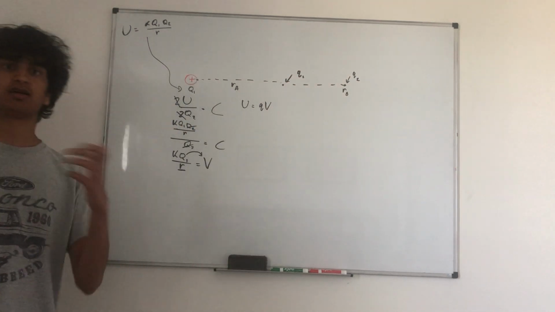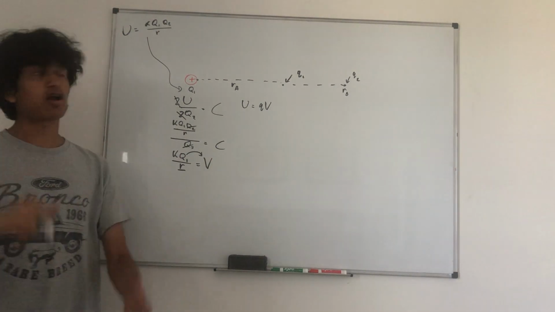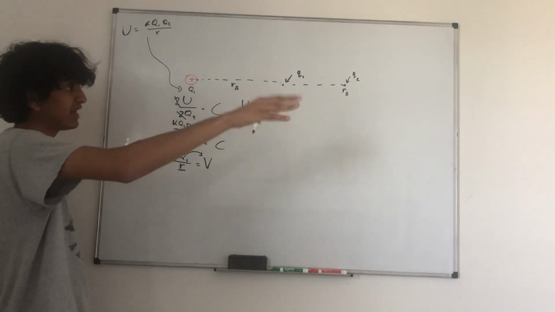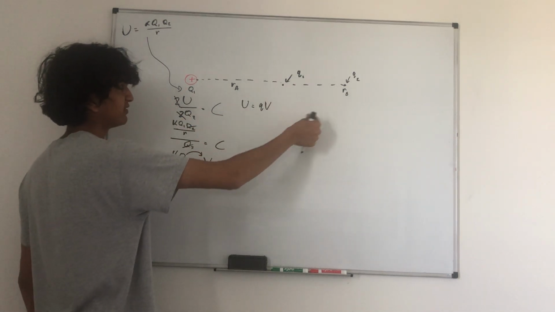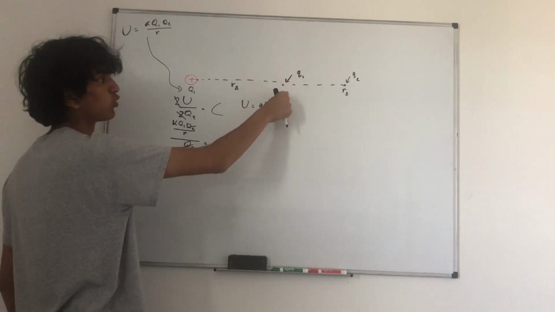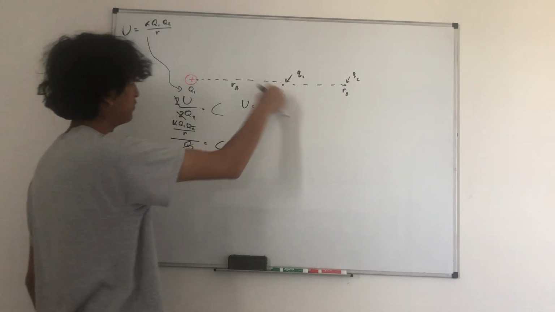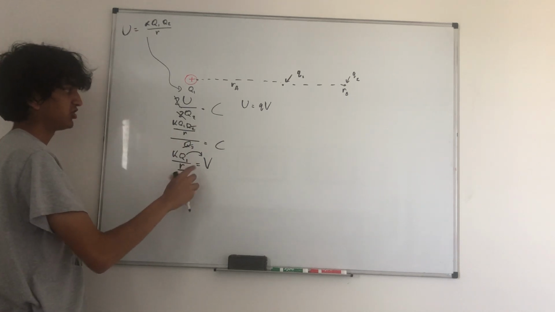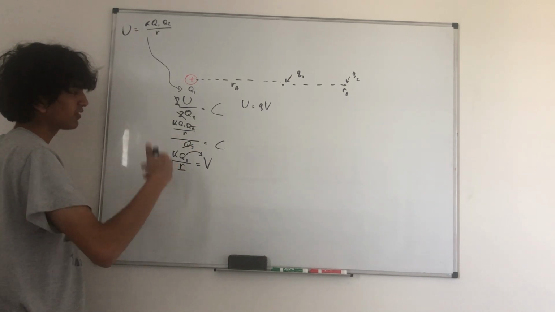Think for a second. Did you think? I hope you thought about it, because yes, the electric potential is different. If I were to take the same charge here versus here, I would get more potential energy here, hence there's more potential here. Remember, it's just the ratio. If this is the simplified ratio, a bigger R means less potential.